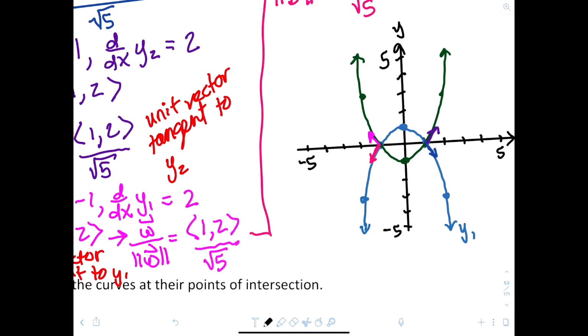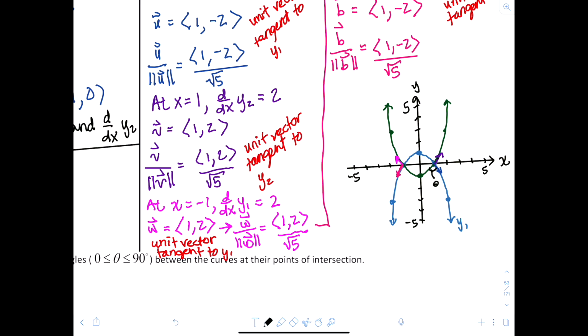Do you see this one seems to be greater than 90 degrees, right? So here, what we're going to be looking at is this here, and that would be our theta that we'd be looking for.